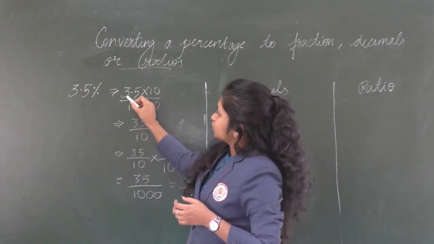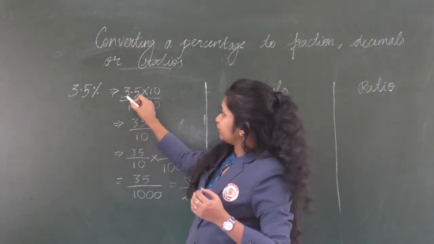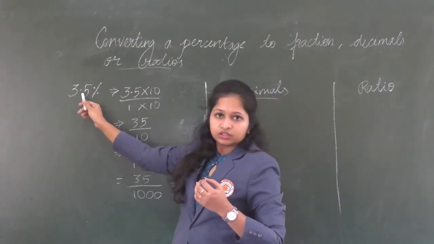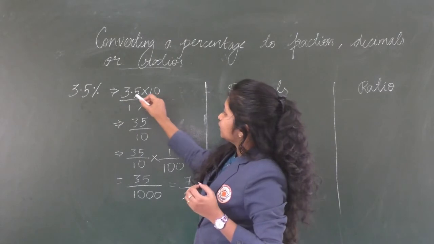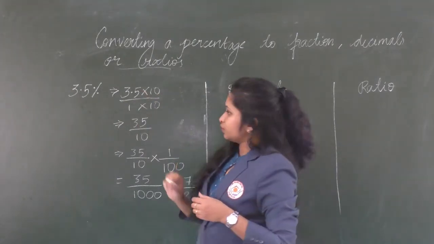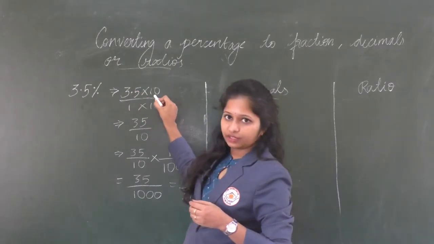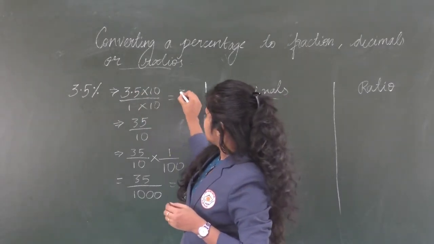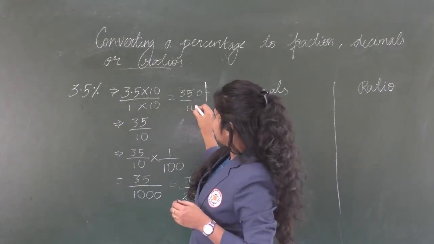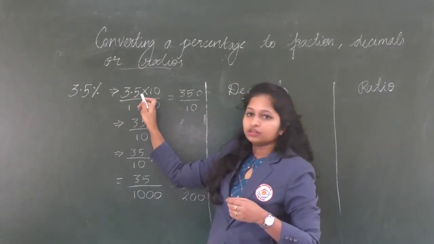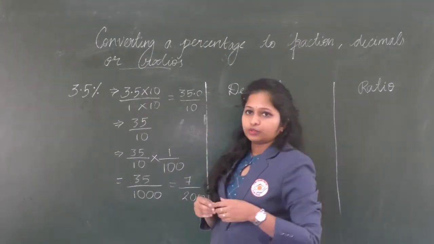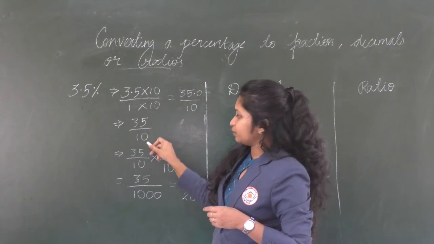So in order to remove the point, we have only 1 digit after the point. So multiply both numerator and denominator by 10. So when you multiply 3.5 by 10, we get it as 3, 5 and the 0 by 10. So here you see after 1 digit the point is. So after 1 digit, let's put the point. So we get 35 by 10.